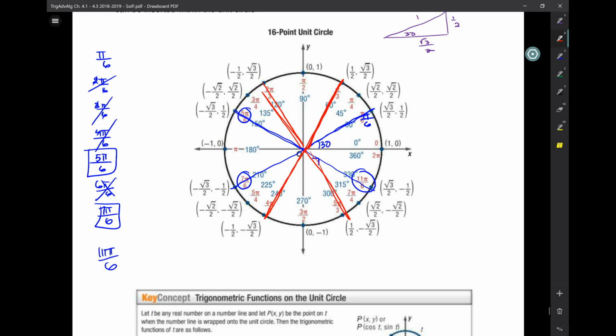Okay? And then the pi over 4s, right? Again, 1 pi over 4, 3 pi over 4, 5 pi over 4, 7 pi over 4. So the ones that don't reduce. Okay? All right. Let's have a quick practice with that on the board.